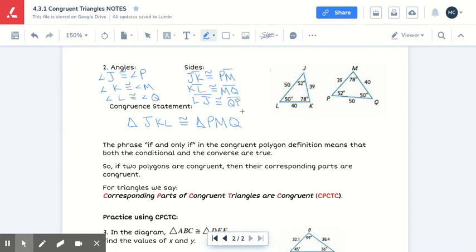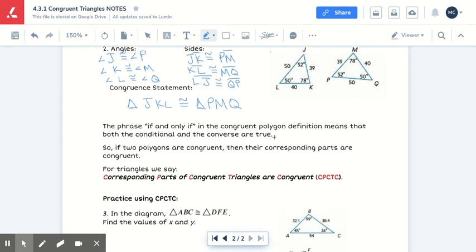And so one congruent statement would be triangle JKL is congruent to triangle PMQ. And there are several other ways that we could write that congruent statement, as long as J matches up with P, K matches up with M, and L matches up with Q in position.